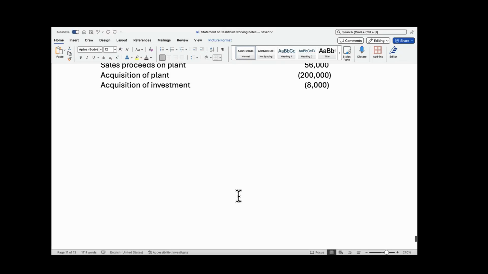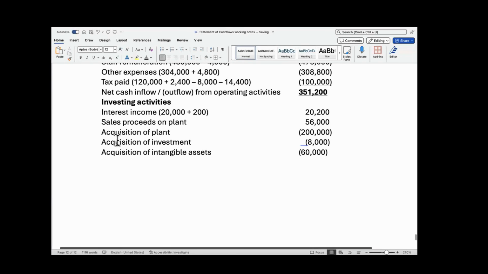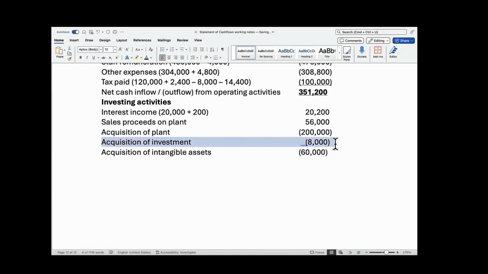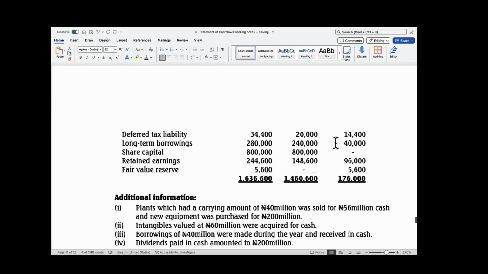Acquisition of intangible assets, 60. So this acquisition of investment, let me just take it out because I don't know.